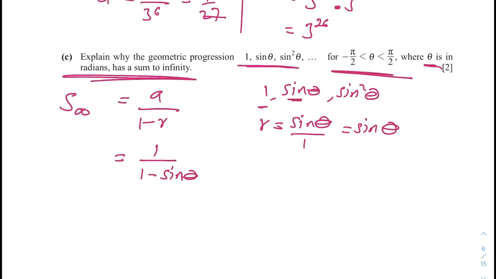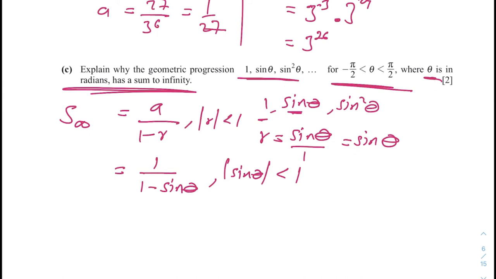So now this is what we have. We also know that sum to infinity is true when the absolute value of r is less than 1. In this case, we can say when the absolute value of sine theta is less than 1. Right. Okay. Now, how do we argue whether this is true or not?